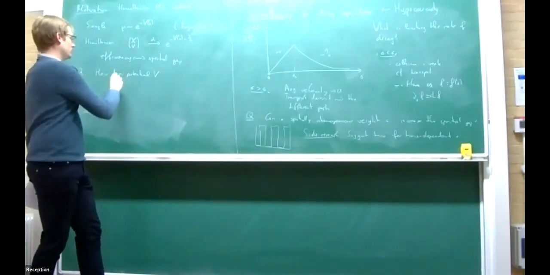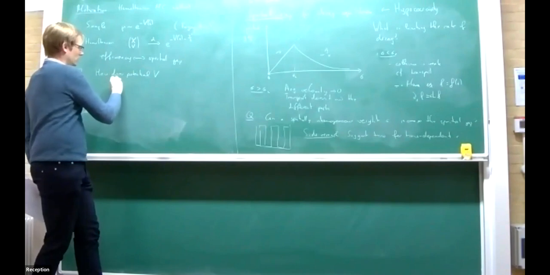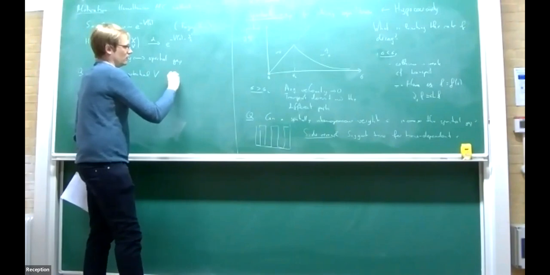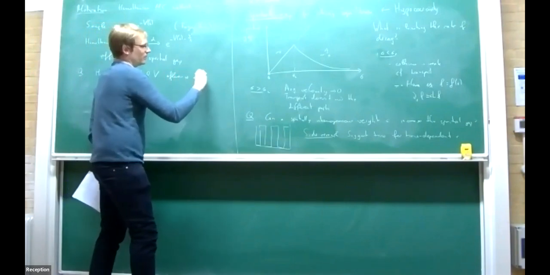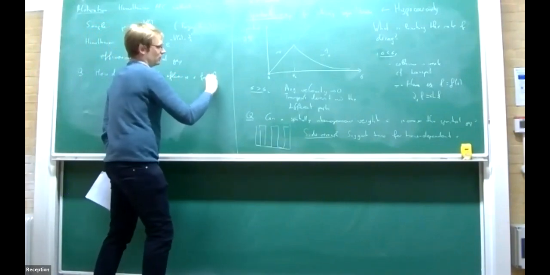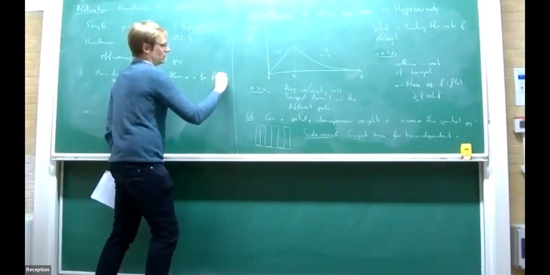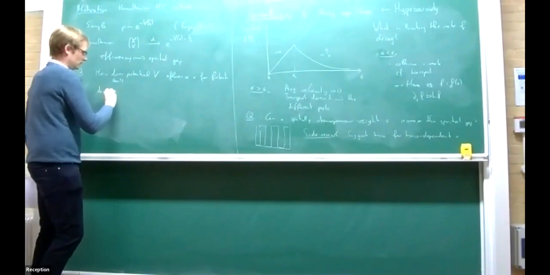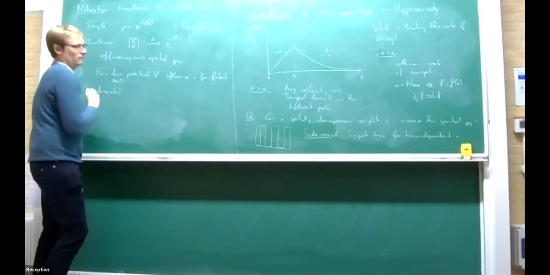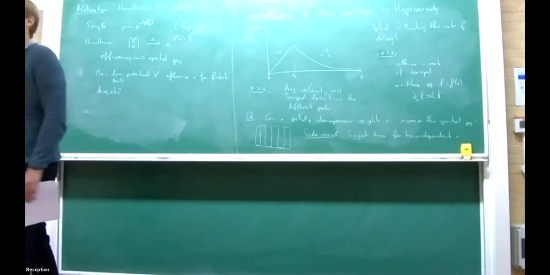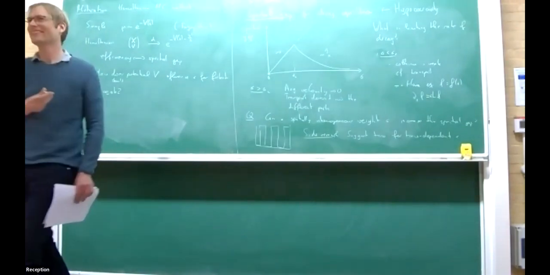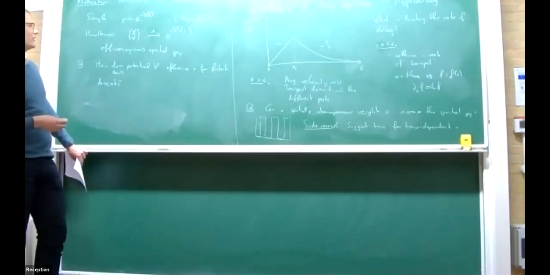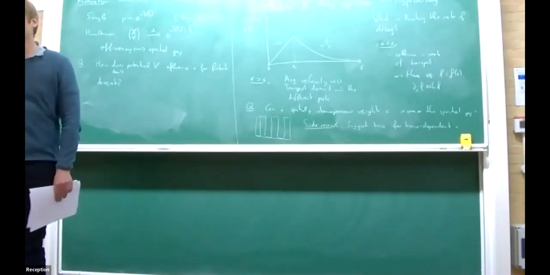How does, or rather, should a potential V influence the sigma for fastest behavior? If you know something good about this, it'd be nice. So that's a very broad question.